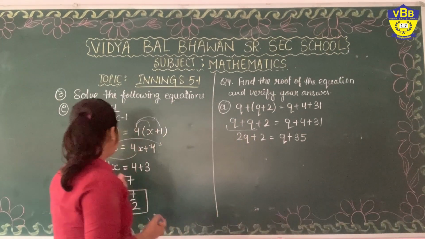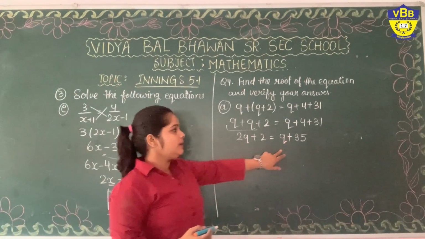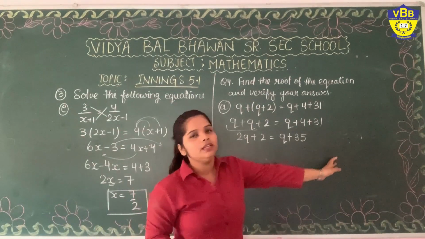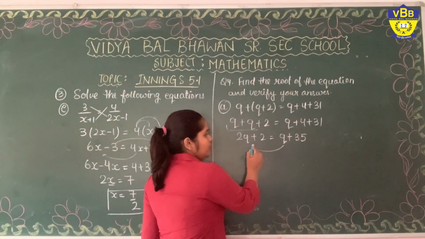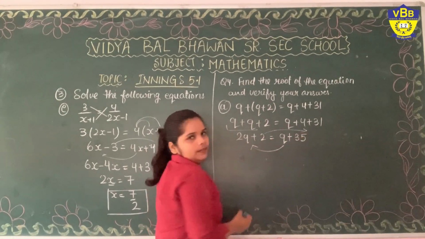Again, the same situation as we have done in the previous question. Shift the variable on one side and the numbers on the other side. Shift this q here and shift this 2 to that side.